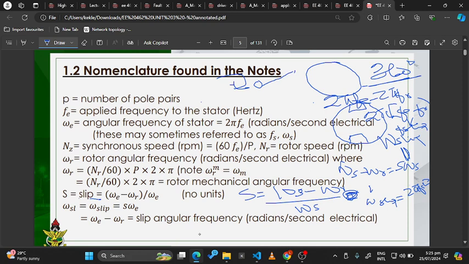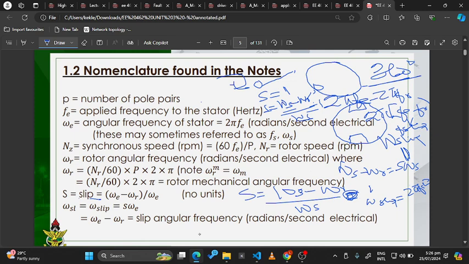So at starting, the slip is equal to 1, because the slip is equal to the synchronous speed minus the rotor speed, divided by the synchronous speed. At starting, the speed of the rotor is 0, so we get omega s divided by omega s, which evaluates to 1.